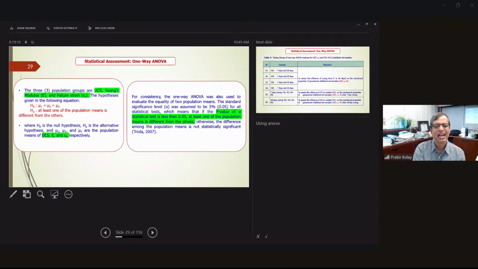So the statistical analysis has been conducted using ANOVA for UCS, Young's modulus, and failure strain, and the p-value calculated is less than 0.05. At least one of the population means is different from the others.